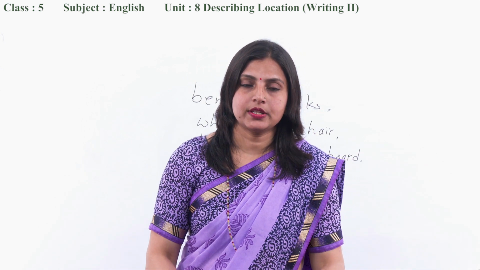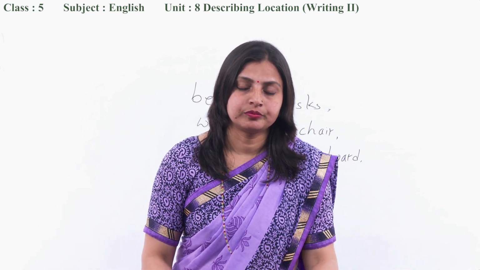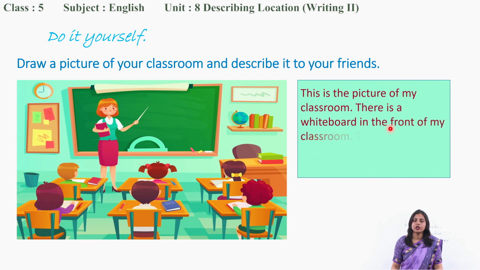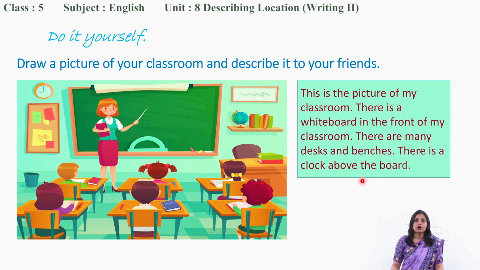So you can start like this. This is the picture of my classroom. There is a whiteboard in the front of my classroom. There are many desks and benches. There is a clock above the board. Okay, so these are just some of the example sentences I have mentioned here, but you need to write more.